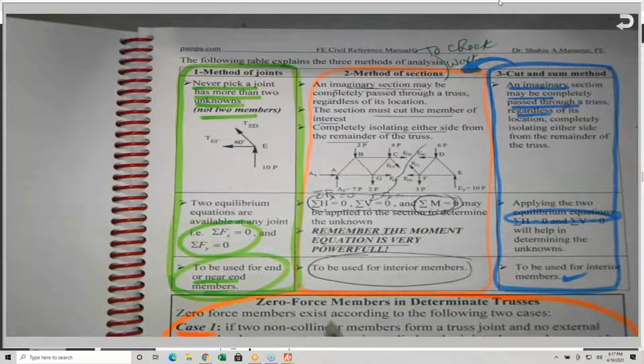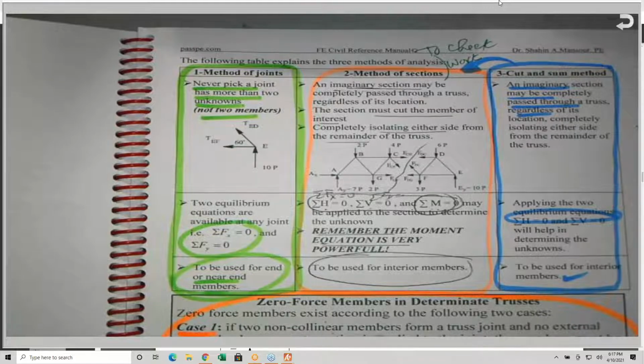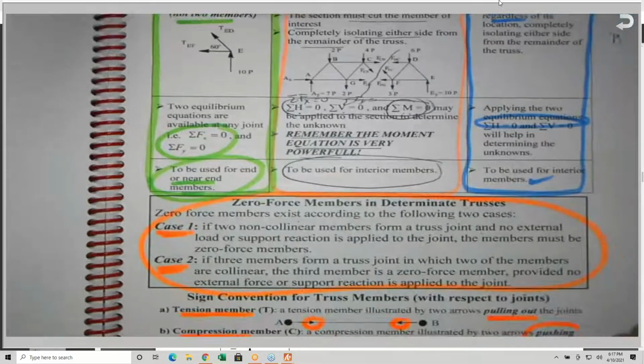Zero force members exist according to the following 2 cases, call it rules or cases. Case number 1: if 2 non-collinear members form a truss joint and no external load or support reaction is applied to the joint, the members must be zero force members.